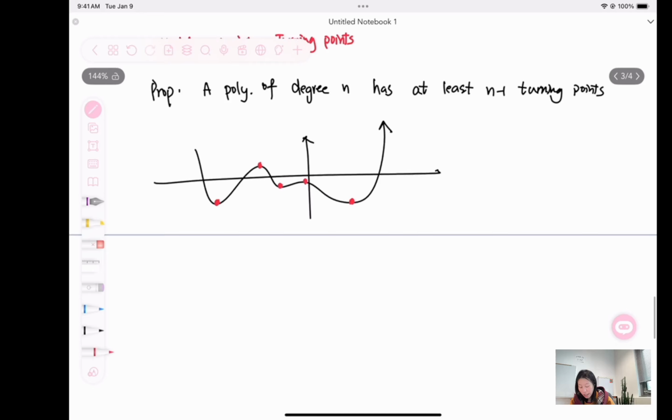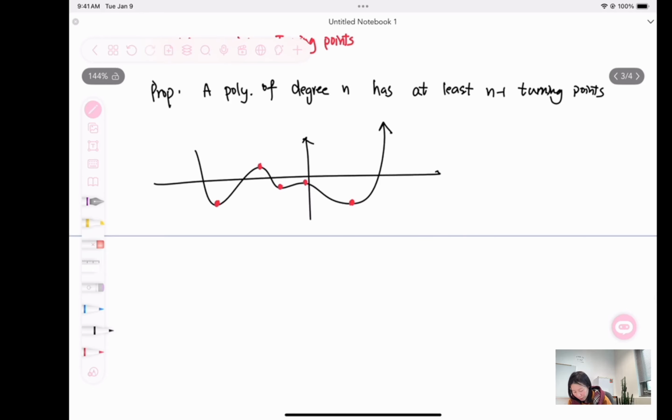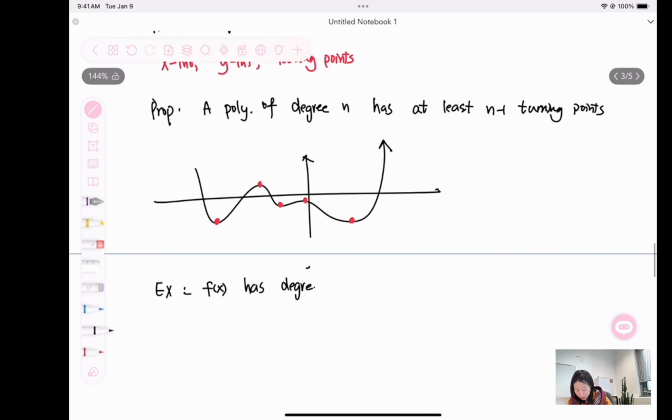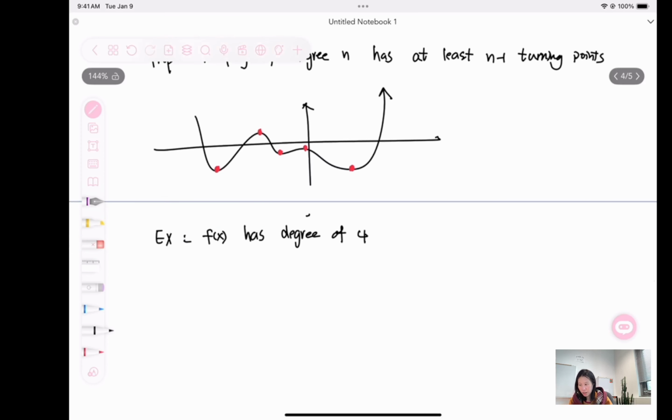So for example, by the proposition, if the polynomial f(x) has degree 4, then what will the graph look like?